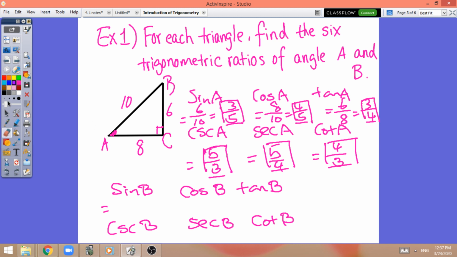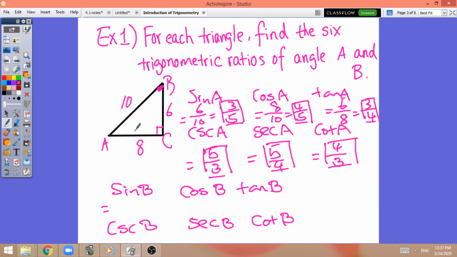Instead of using angle A as the base angle, we're using angle B as the base angle. So let's shade this one a little bit. That's just a little indicator. That means 6 would be the adjacent, 8 would be the opposite, and 10 would be the hypotenuse. Hypotenuse, we never change that.